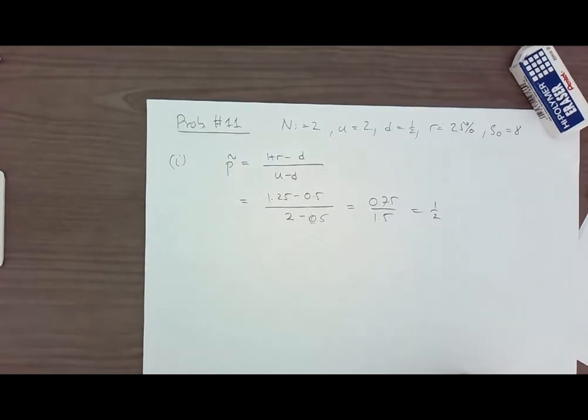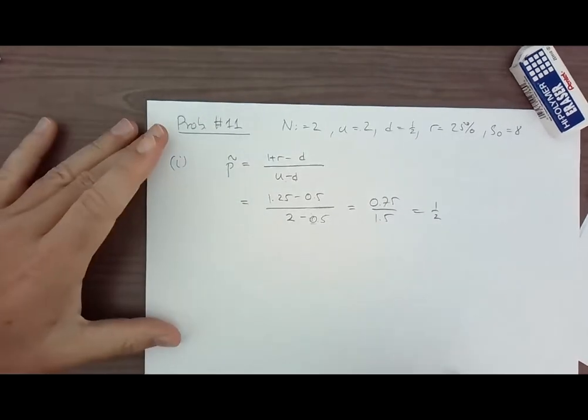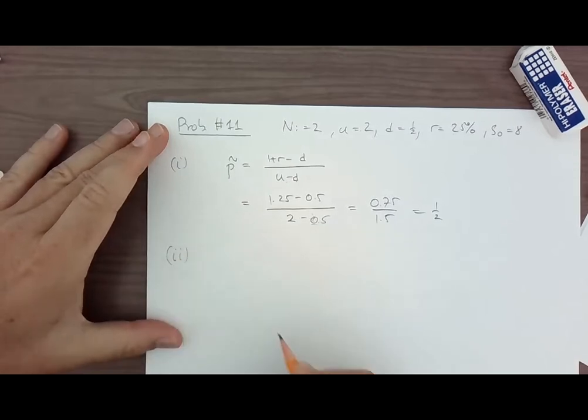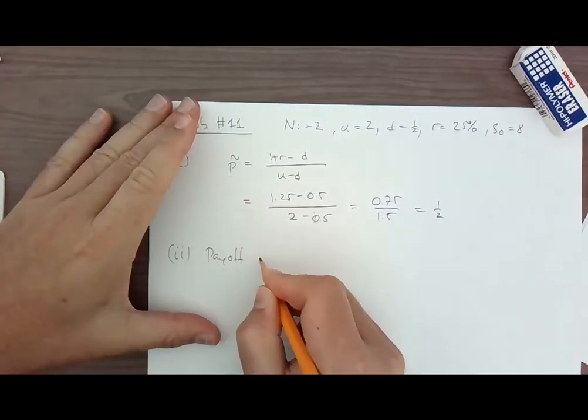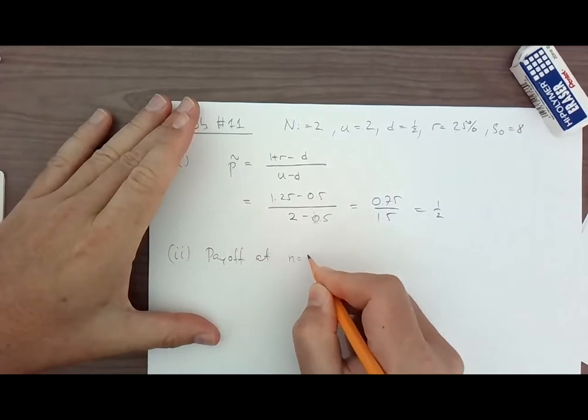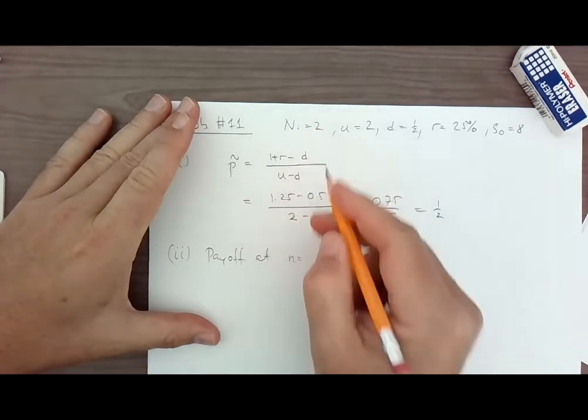So the second question is, we're looking at this derivative that we want to try to price. The payoff at time 2, this is the end, right?